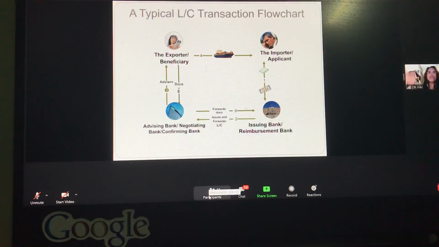So you cannot call me a negotiating bank if I refuse to negotiate. If I don't negotiate, it is not a negotiating bank. Is that clear for you? Okay, so now my question: if the transaction stops at step number 6, does the nominated bank or the negotiating bank face the risk?